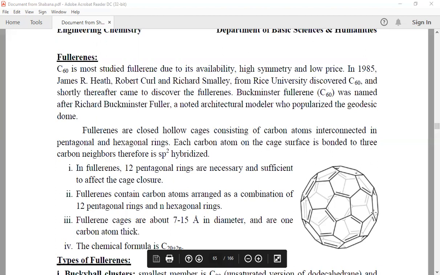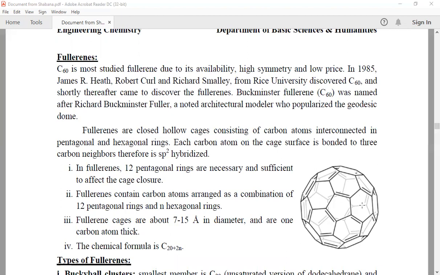Fullerenes are similar in structure to graphite, which is composed of stacked graphene sheets of linked hexagonal rings, and it also contains pentagonal rings or heptagonal rings. The first fullerene molecule was proposed in 1985 by Richard Smalley at Rice University, USA.